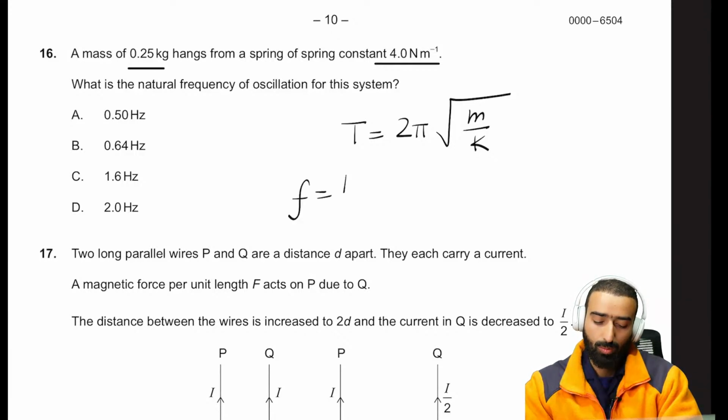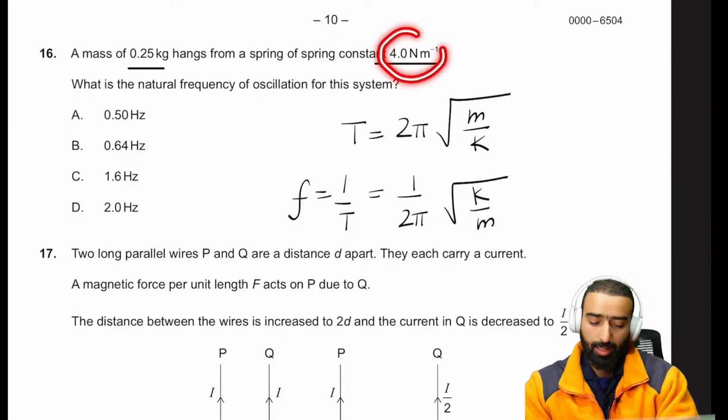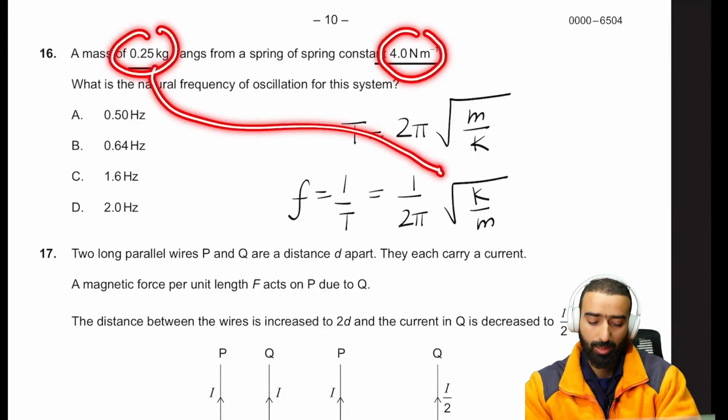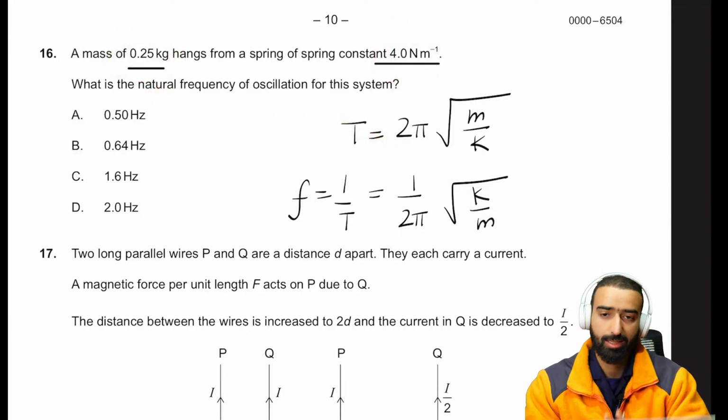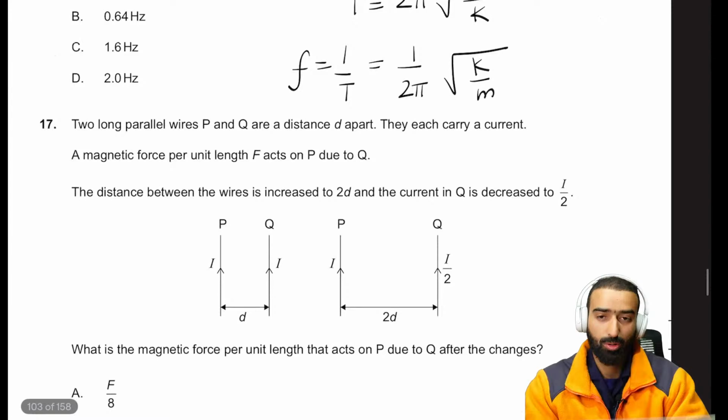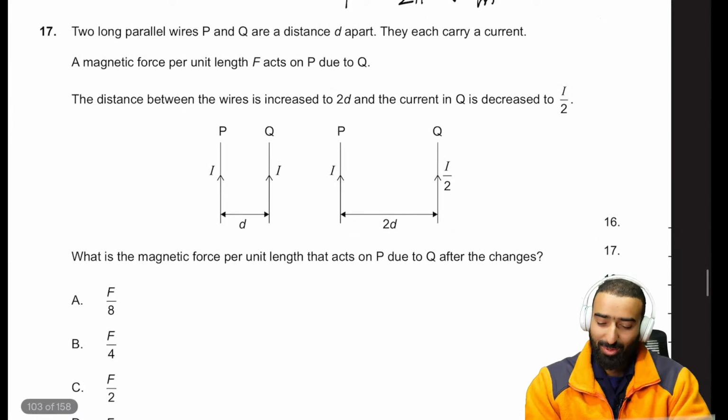Frequency is simply 1 over the time period. That would be 1 over 2 pi, and we need to invert the root, k over m. So you would take k as 4, m as 0.25, and put them in, and out will pop the value for frequency. I'll skip it, and I'm sure you'll be able to solve it on a calculator.